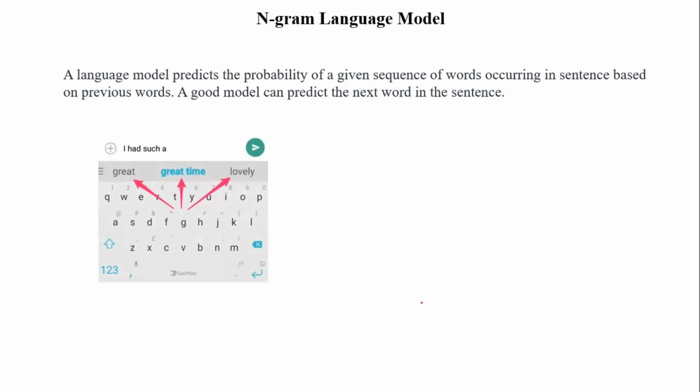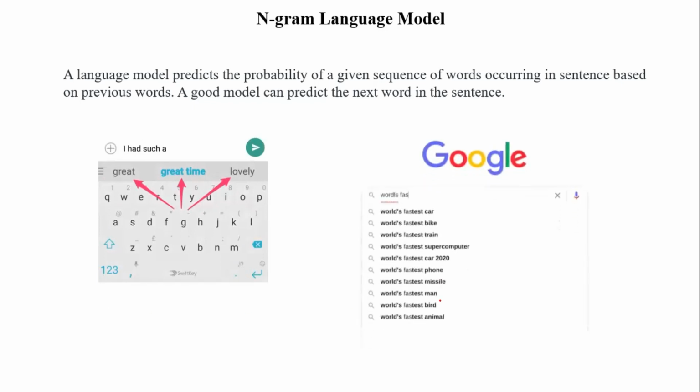You can even take one more example. When you start typing any text in the Google search bar, there also you can see multiple suggestions, or it will try to fill in the rest of the sentence.